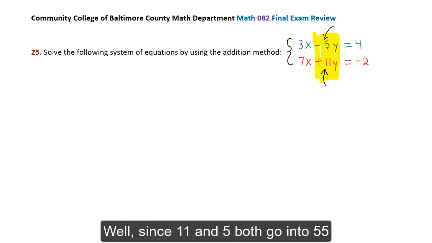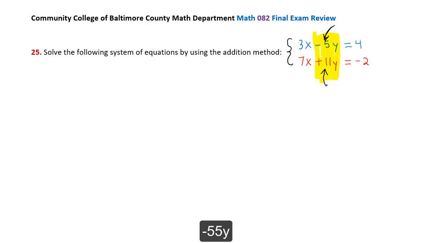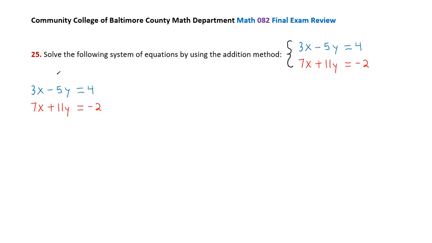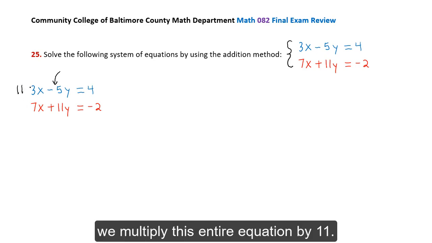Well, since 11 and 5 both go into 55 without remainder, we want to make this coefficient up here a negative 55y, and this coefficient here a positive 55y. To get negative 55y here, we multiply this entire equation by 11.